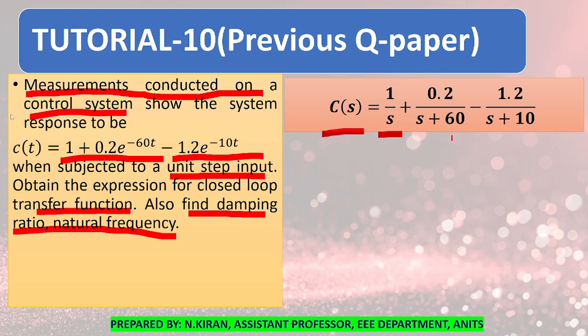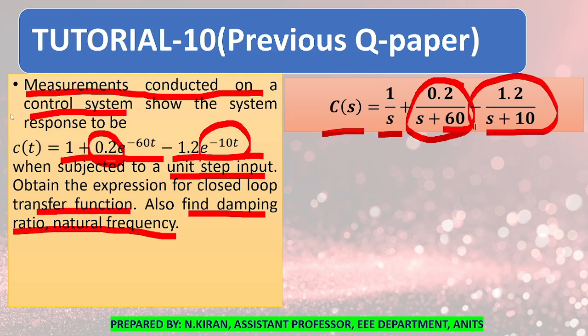In place of a I have 60, and since I have 0.2 before, taking Laplace I get 0.2 divided by s plus 60. The third term is e power minus 10t, so the Laplace will be 1 by s plus 10, so minus 1.2 divided by s plus 10.